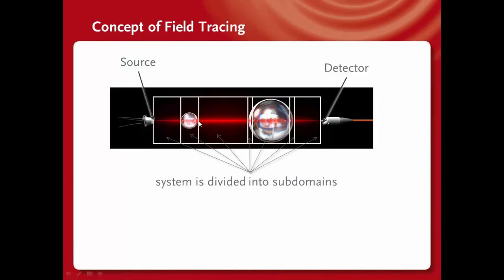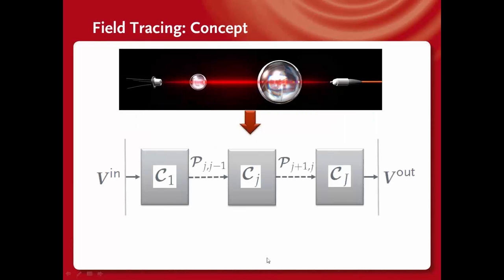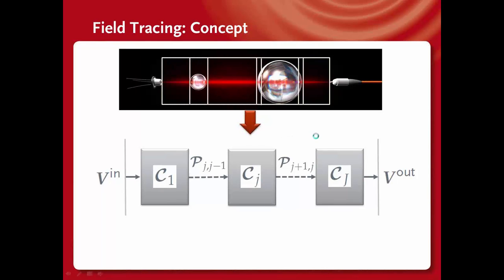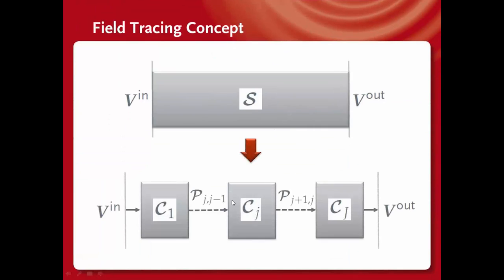Then we use a different simulation technique to propagate the light through the microlens. After that, we use again a free space propagation technique. Then we use a technique to go through the first interface of this microscopic lens, go out of the lens, and then again a free space technique. So mathematically, this means that you can write your optical system not by a single operator, but by a sequence of different operators describing the light propagation in the subdomains.